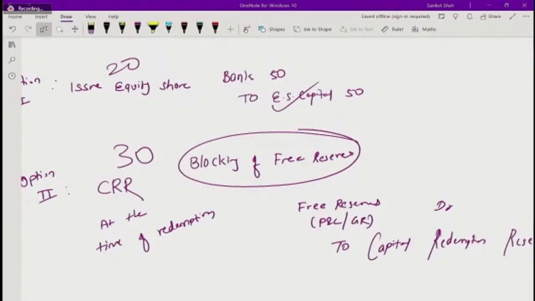250 wrong. 200 wrong. Securities premium is also considered as a capital structure. Yes. Securities premium is also considered as a capital structure.